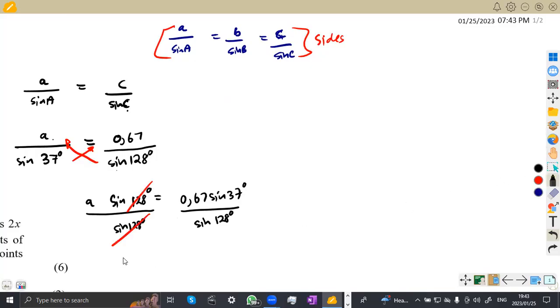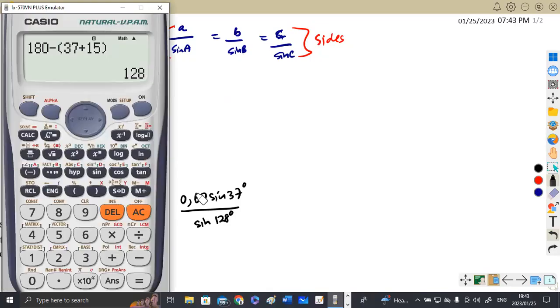All right, so this one you can work in so many ways. You can even do shortcuts here. I'm not going to waste my time writing this because we've already divided. Let's just use our calculator at once, because we're going to waste a lot of time. Let's put 0.67 times sine 37 degrees in brackets, everything over sine 128 degrees.